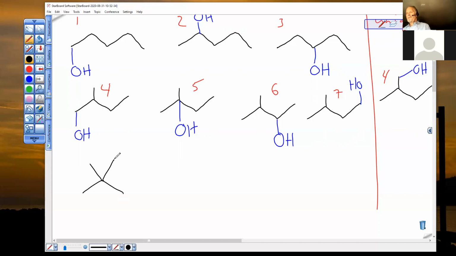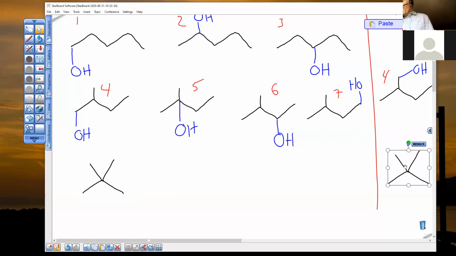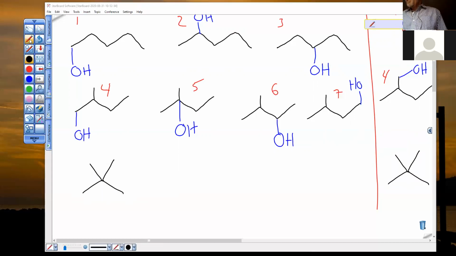So there's 5 carbons. And I think I'll draw 2 of them like that. But one of them is going to go to the right of our red line, because you're not getting credit. Those CH3s right now, CH3s all the way around, all 4 of them are identical to each other. Putting it there would be the same as putting it on any of the others. Don't put it in the middle. You don't want to put an OH there to get an OV warning.